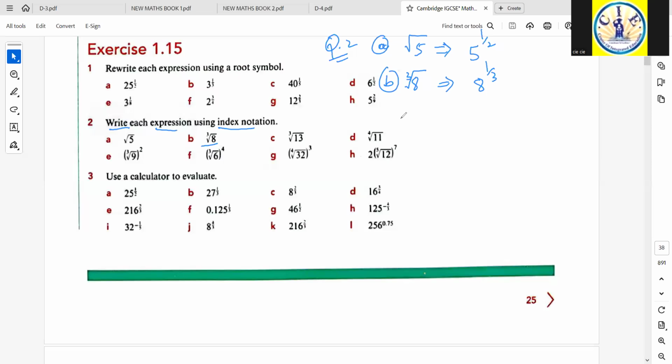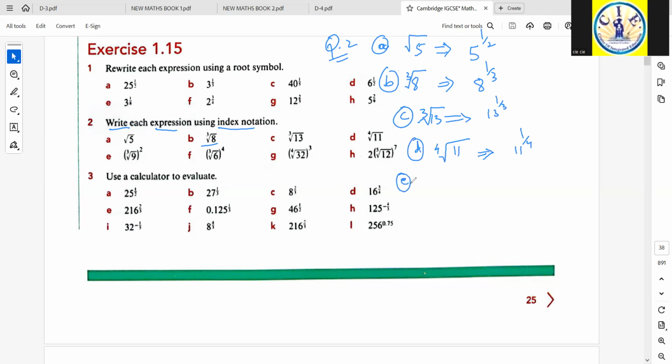Then for part C, cube root of 13 is actually 13 raised to power 1 by 3. For part D, you have fourth root of 11, that is actually 11 raised to power 1 by 4.